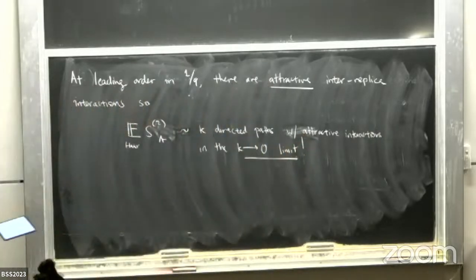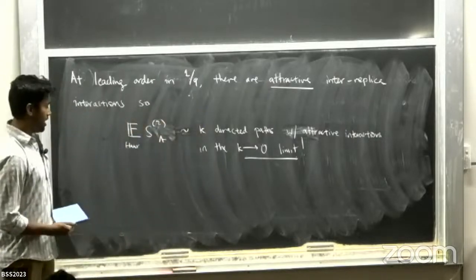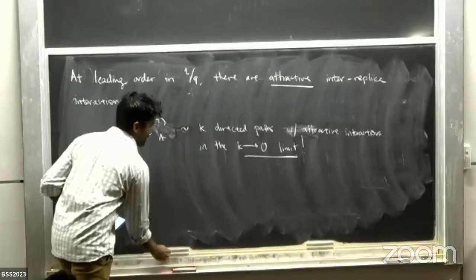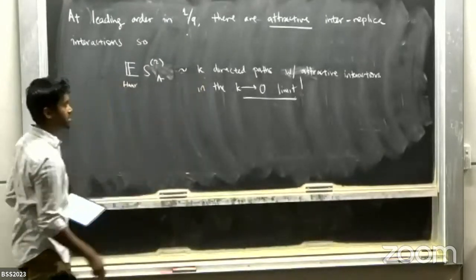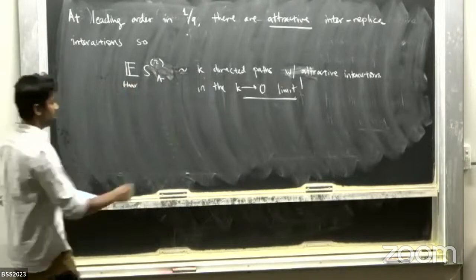That's what you would argue in the large Q limit of this problem. We did the replica trick, but you can also undo the replica trick. This problem is very famous, the problem of K directed paths with attractive interactions in the K going to 0 limit.